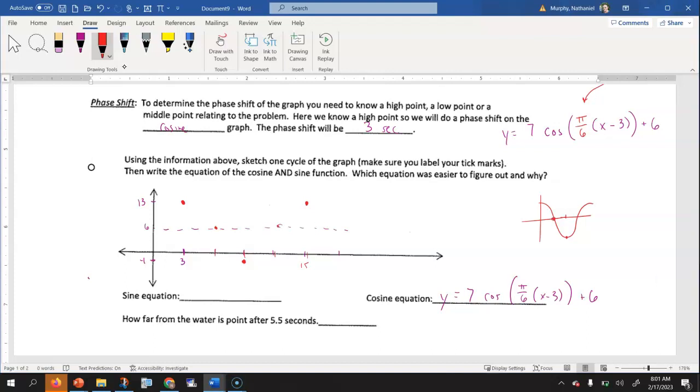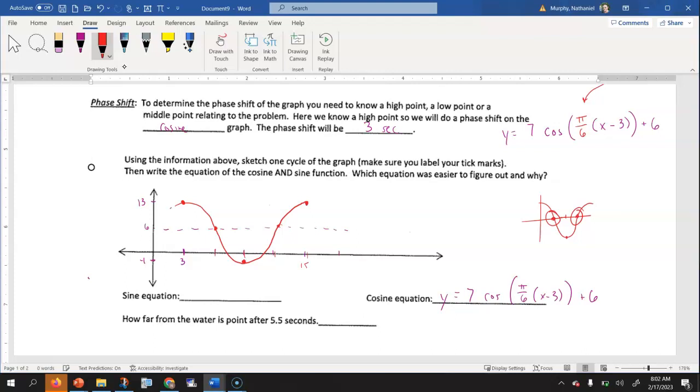And again, I'm comparing our parent function. So these 2 points here would be halfway between our high and our low. So I'm just going to put points there. And this represents that cosine function that we came up with an equation for a minute ago.